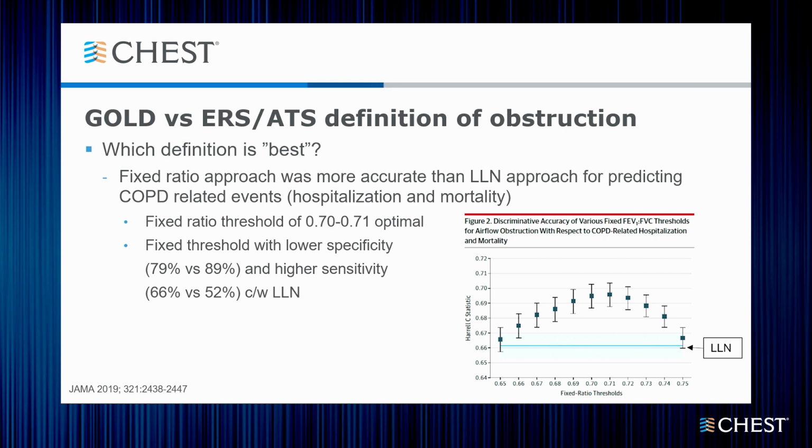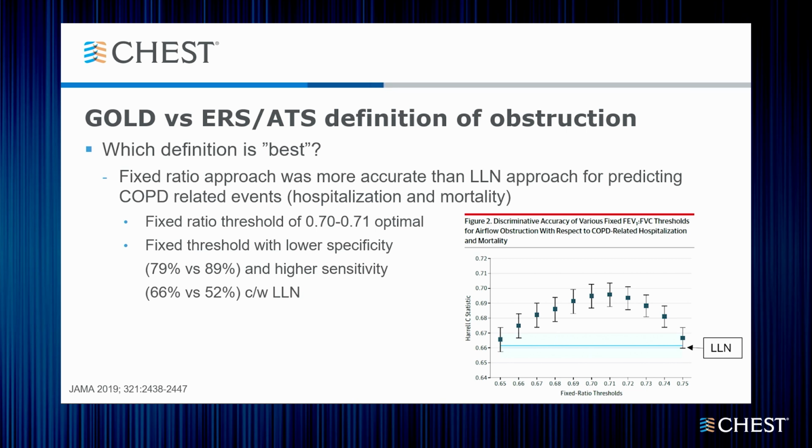So the fixed ratio approach, Surya Bhatt and colleagues published this in JAMA. He had 4 large U.S. general population cohorts, and the age was 45 to 100 or so, once again 24,000 people, and they were followed for a minimum of 15 to 16 years.